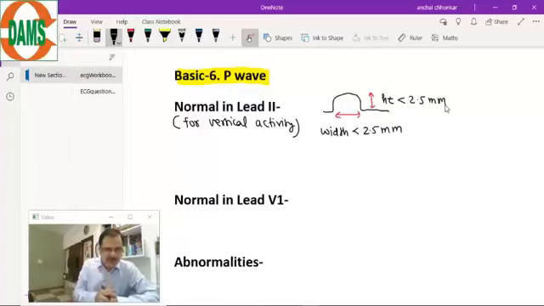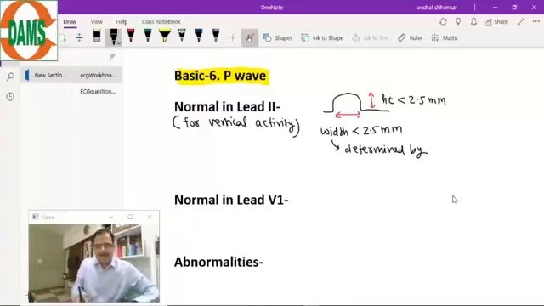These are fact based questions. So height normally is less than 2.5 and the width is less than 2.5 mm. The width is determined by left atrial activity.